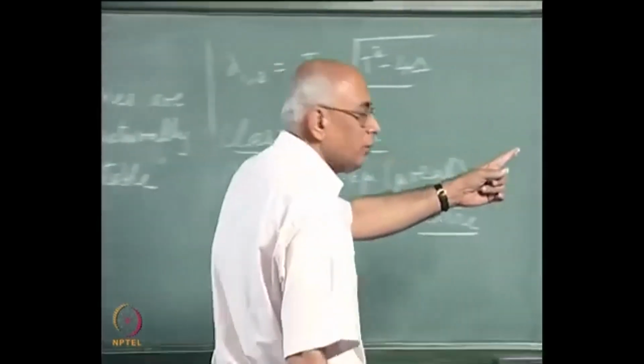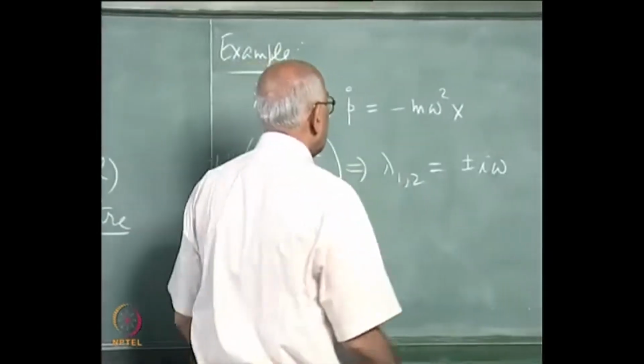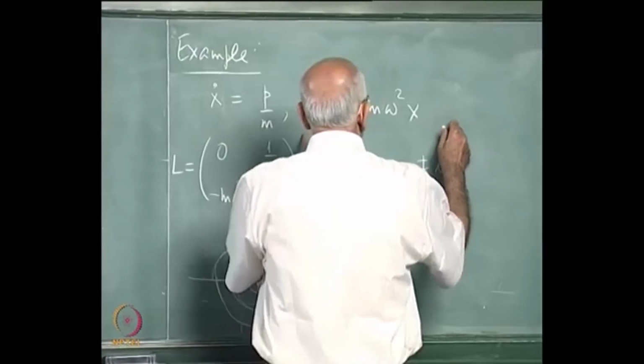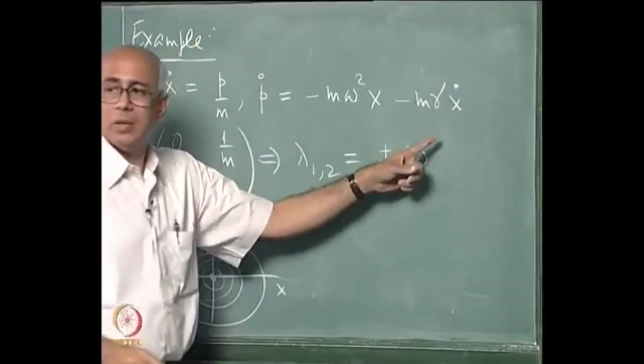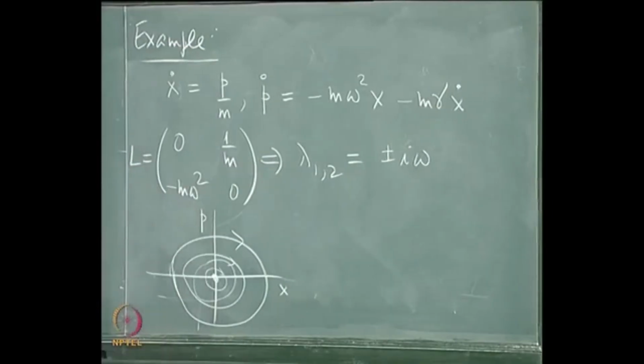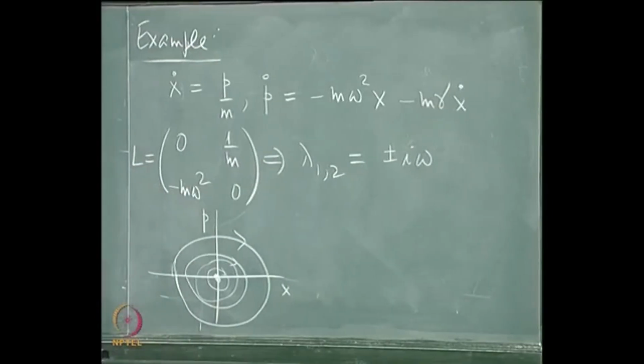I add a tiny bit of friction here, and this thing has another term m gamma x dot, where gamma is a friction constant, assuming the friction to be proportional to the instantaneous velocity with the retarding coefficient gamma, and I use an m gamma there so that gamma has dimensions of time inverse.